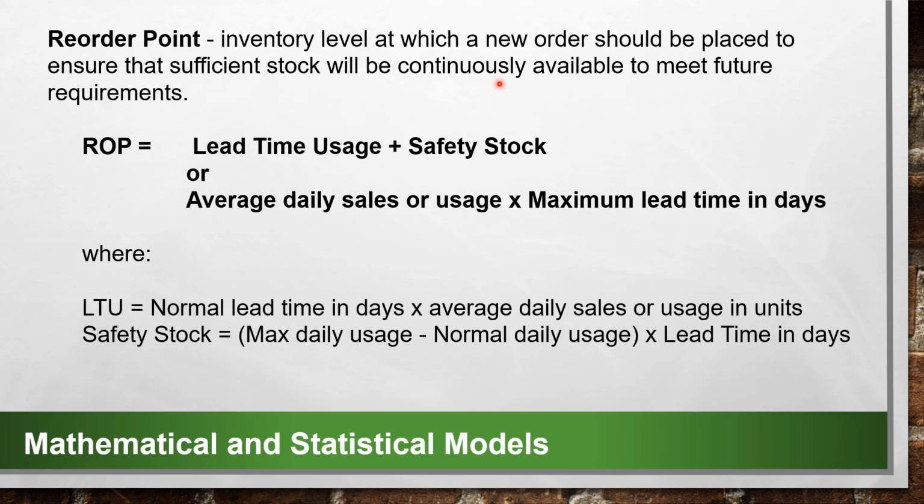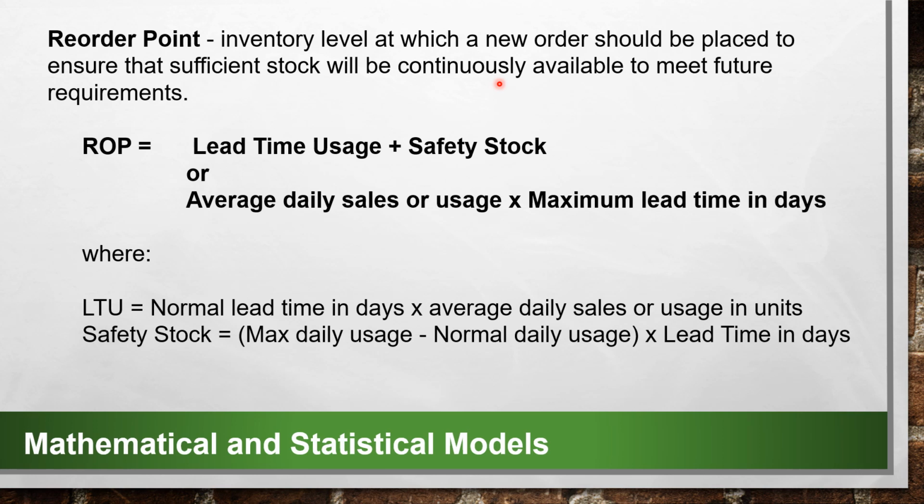So what is the formula? Our reorder point, or ROP, is equal to the lead time usage plus safety stock. That is, how many units we use during the lead time, plus the safety stock. Lead time usage is the normal lead time in days multiplied by the average daily sales.